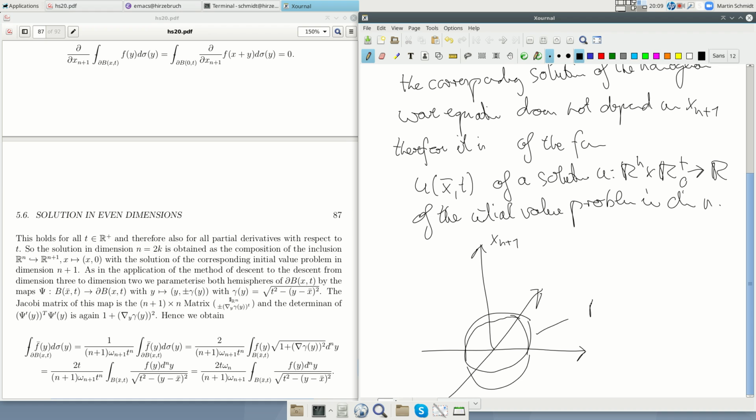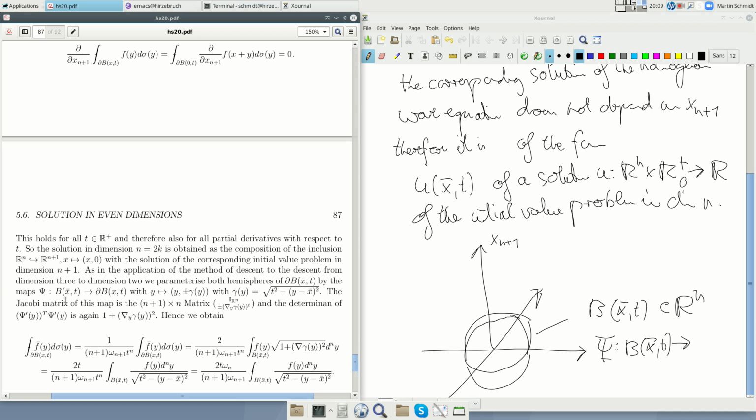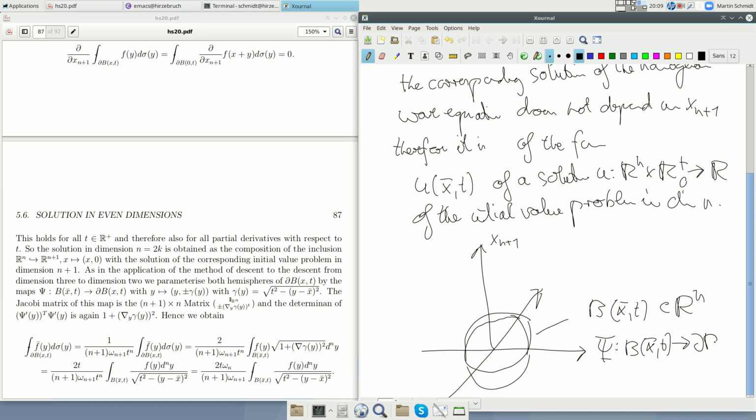This is the ball B(x,t) in R^n, and we have a map psi which maps this ball to the boundary of the ball.